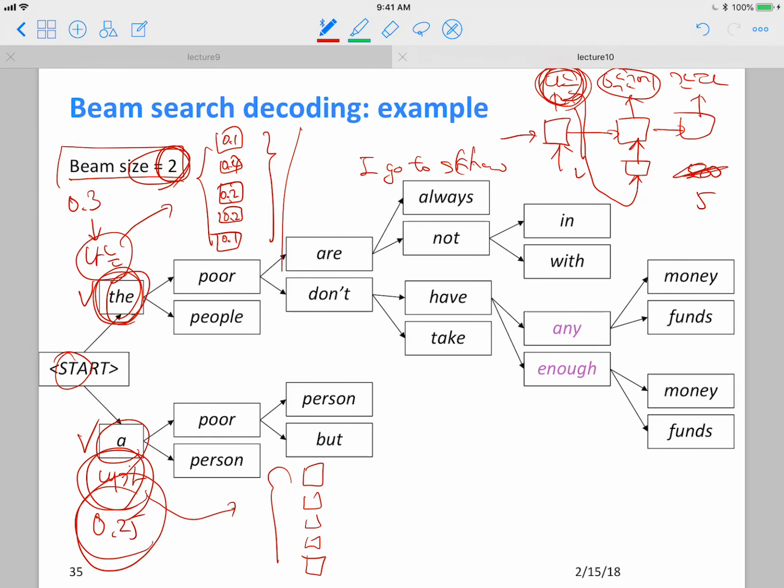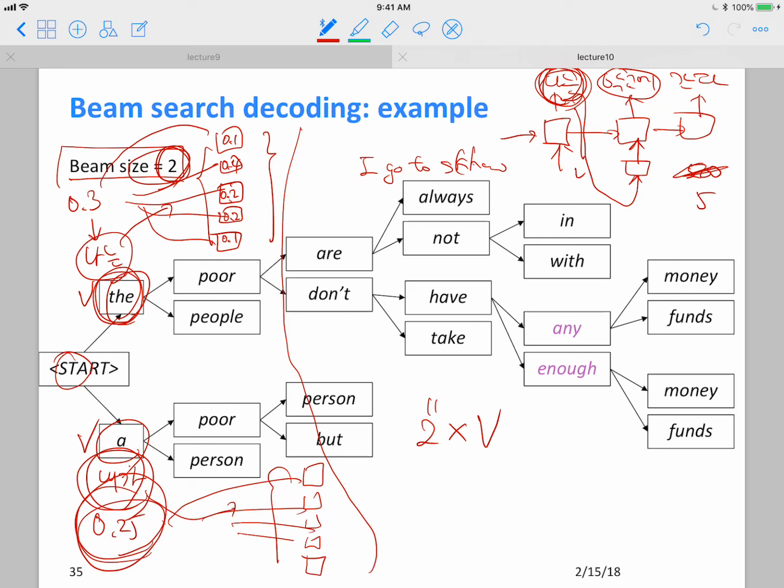At this point, we are considering 2, which is our beam size, times the entire vocabulary size, because in each scenario we consider all the possible words in our vocabulary and compute the joint probability, the product, for example with 0.25.